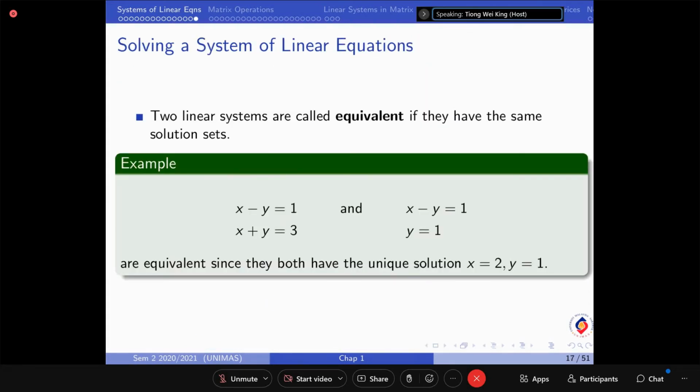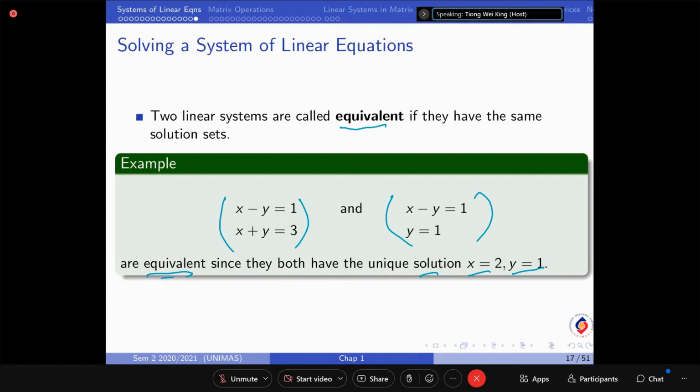Now next, solving a system of linear equations. Okay, so 2 linear systems are equivalent if they have the same solution set. For example, here we have 2 systems. These 2 systems are equivalent because they both have the same unique solution: x equals 2, y equals 1.